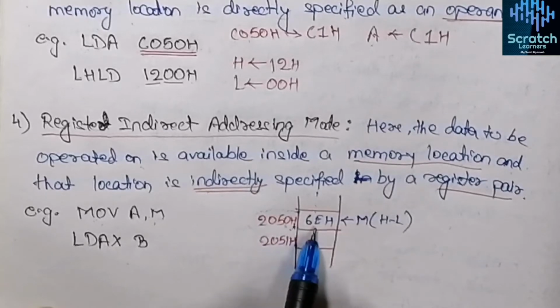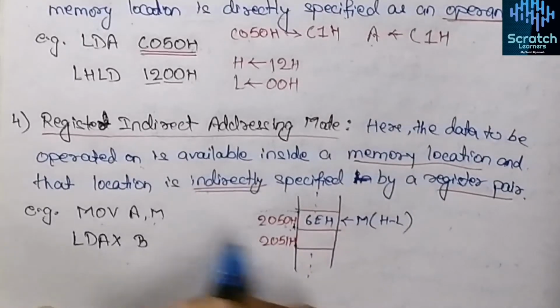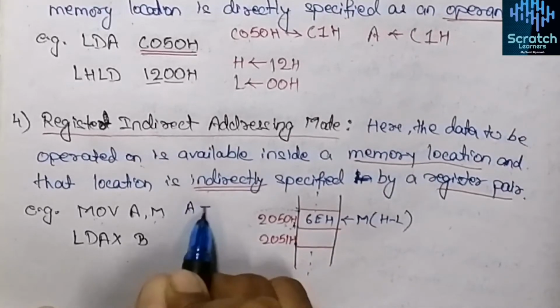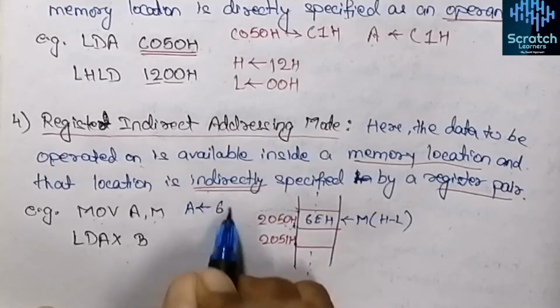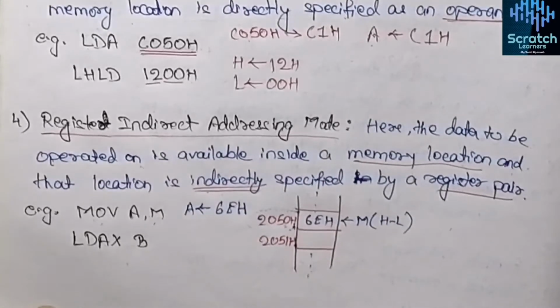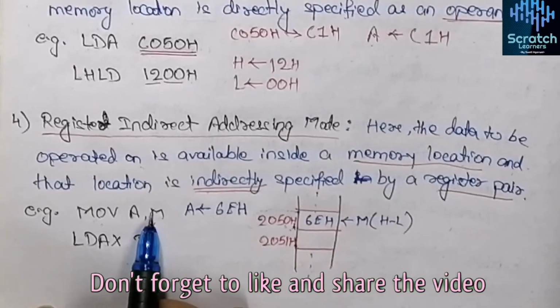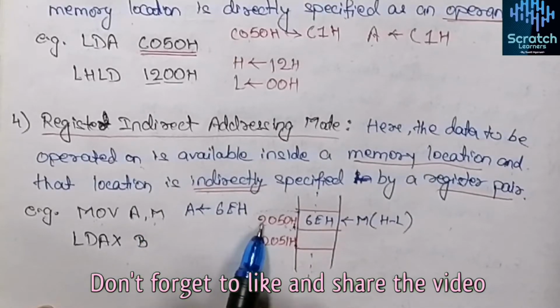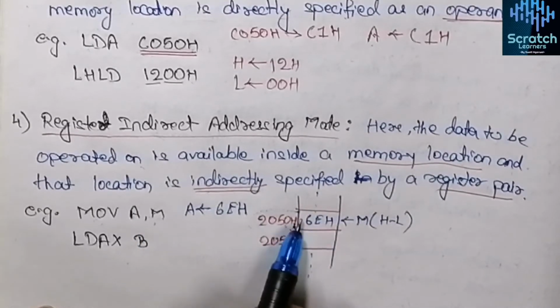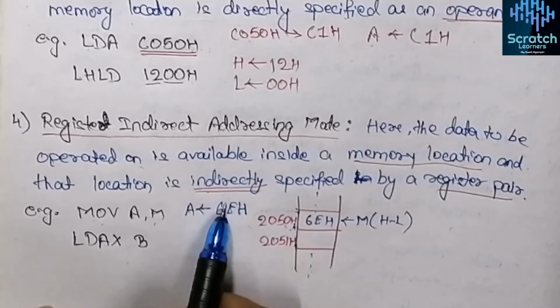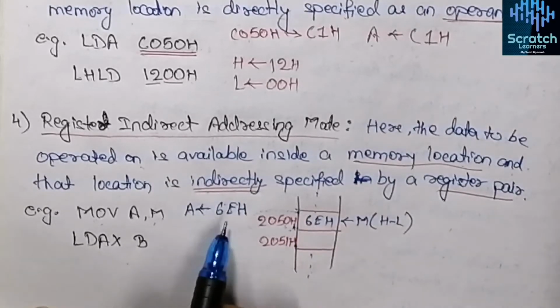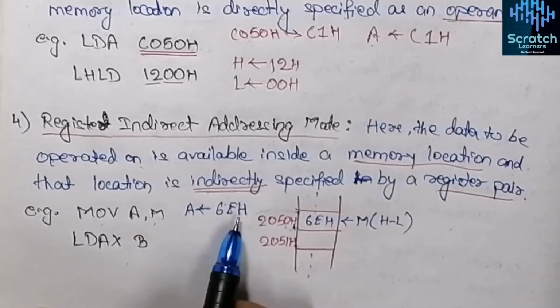So this location contains 6E hex, right? So on execution, the accumulator will be containing this data, that is 6E hex. So here you can see with the help of M, we need to go to that location, then we need to fetch that data, and then we are transferring that data into the accumulator. So this is indirect register transfer.